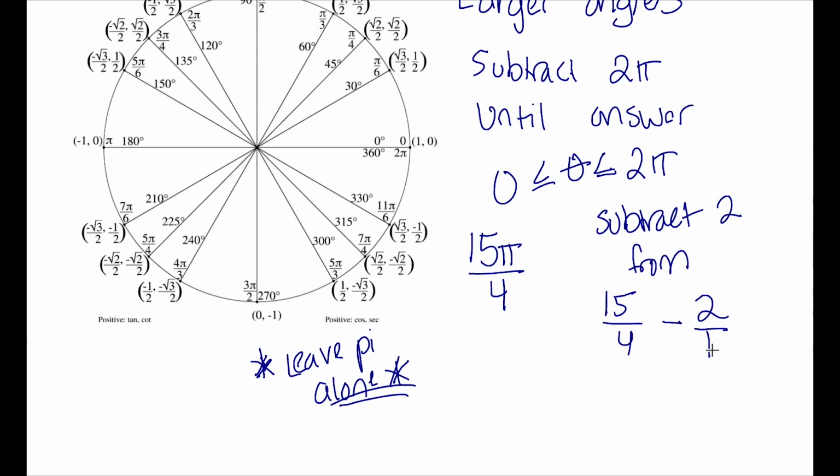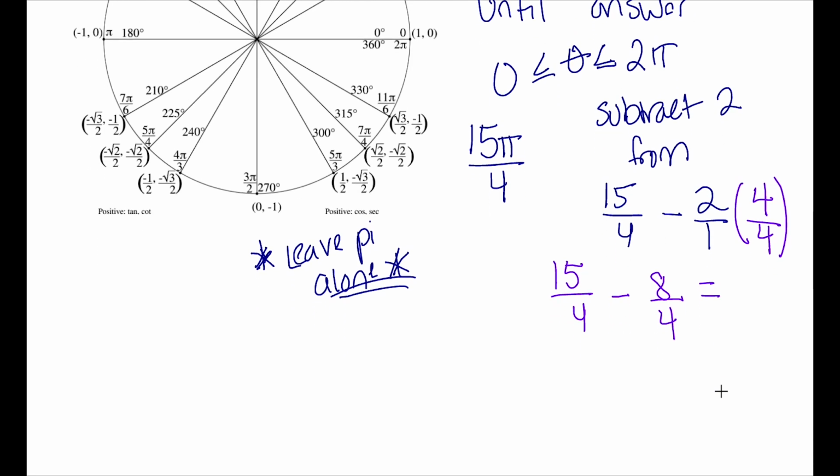If I want this to also become a 4, you multiply the second fraction by 4 over 4. That would give me 15 over 4 minus 8 over 4. 15 minus 8 is 7. The denominator stays the same.